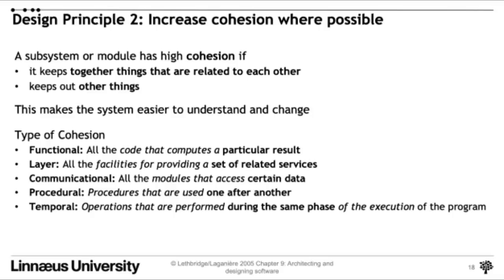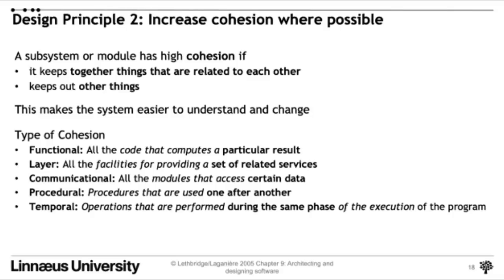Procedural: procedures or methods, as we are still Java programmers, that are used one after another in order to compute some specific result. Or temporal: all the operations that are performed during the same phase of the execution of the program. That's up to you.